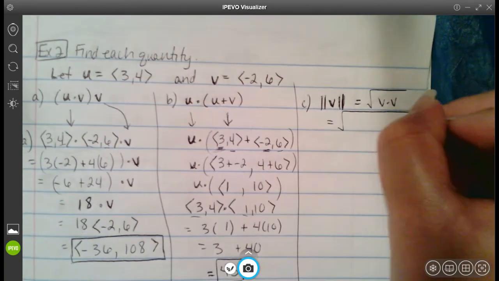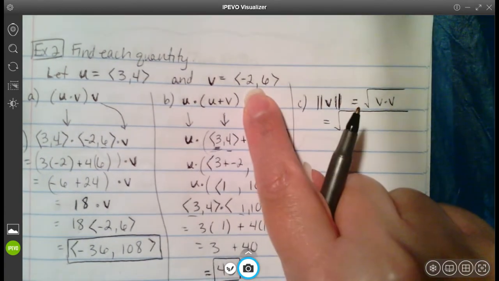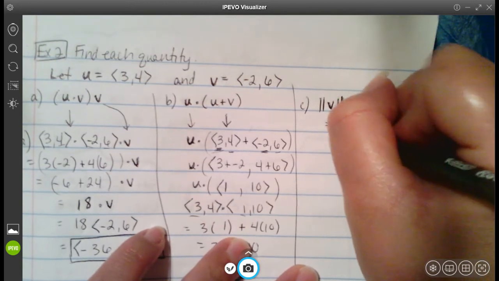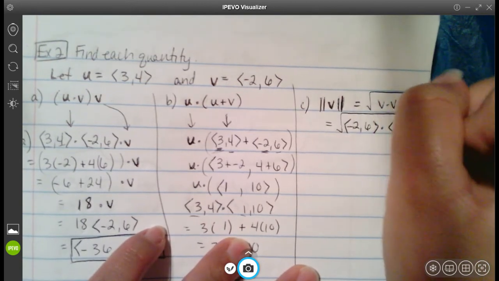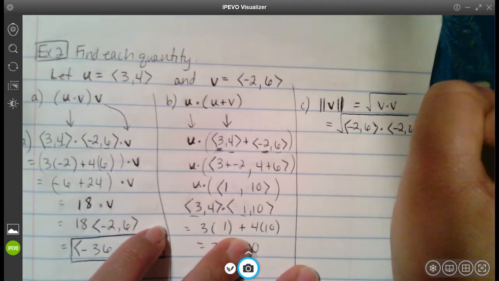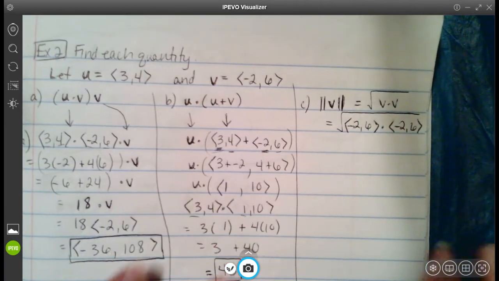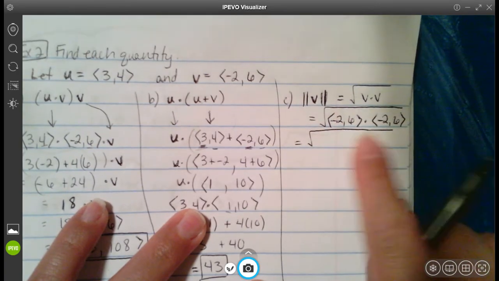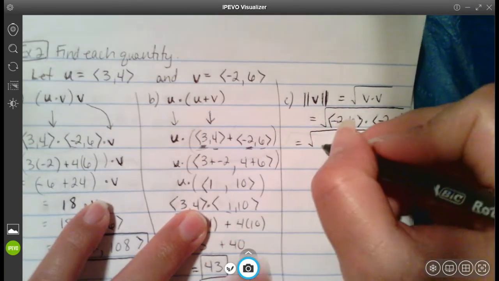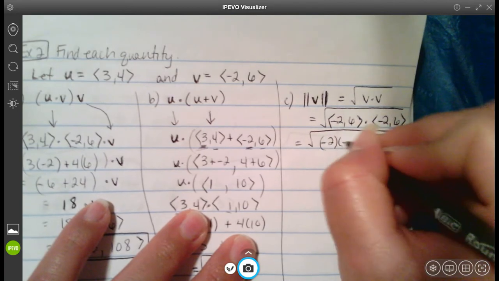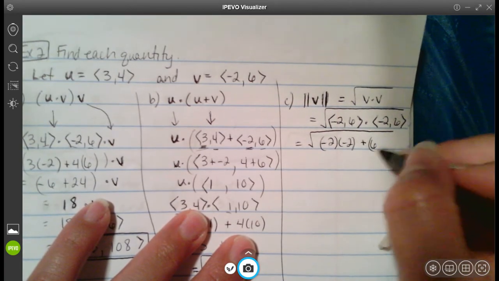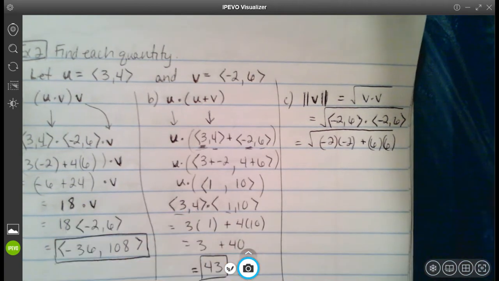So we have the square root of, my v is negative 2, 6. So negative 2 comma 6 times negative 2 comma 6, because that's what that means, right? And this is going to give us the square root of, I take my two first components, so negative 2 times negative 2, plus the second one, so 6 times 6, okay?